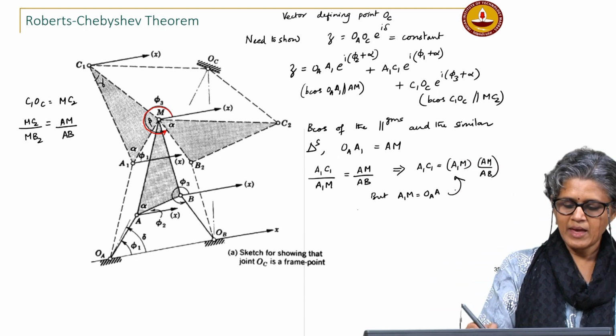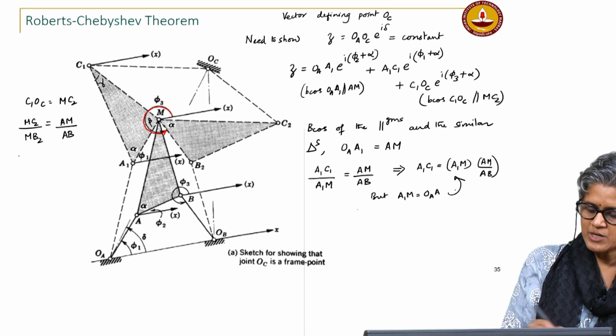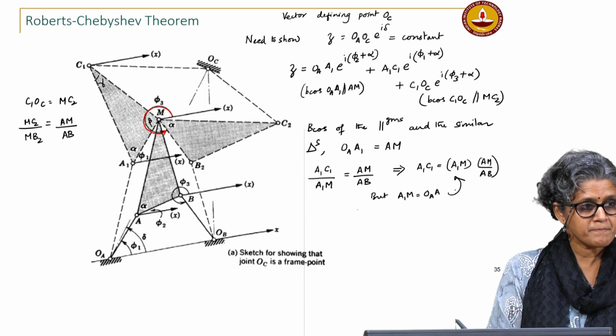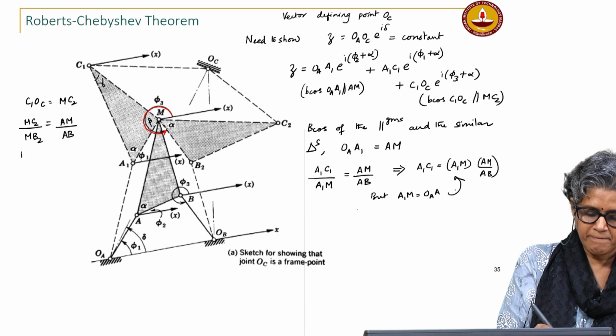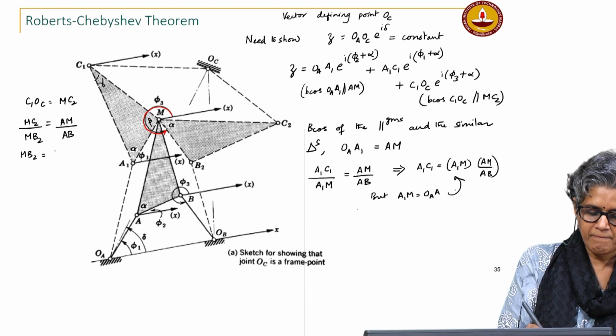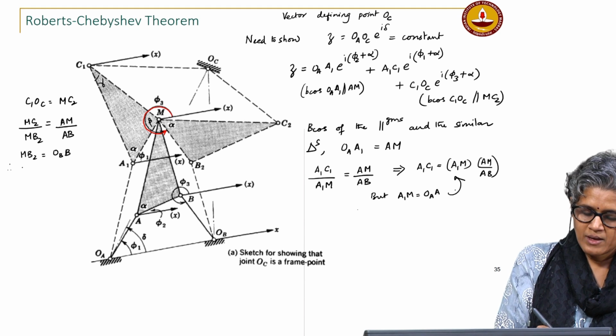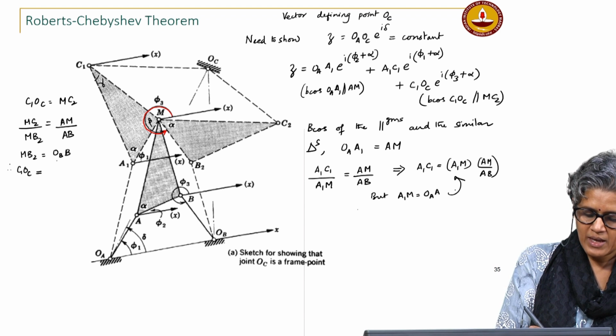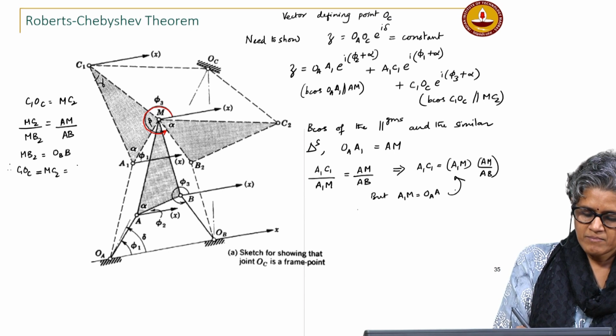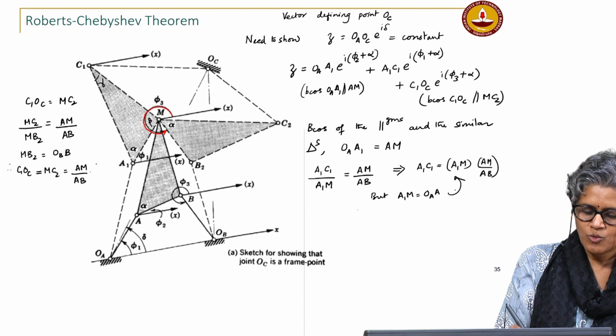And again MB2 is equal to OBB. Therefore, C1 OC equal to MC2 is equal to AM by AB into OBB.